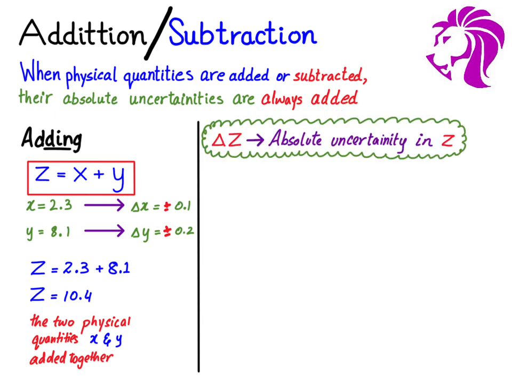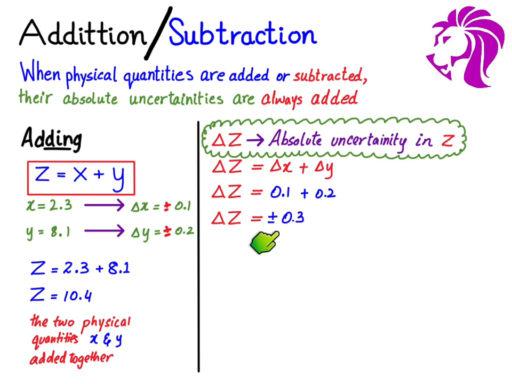So to find delta z, it would be the absolute uncertainties being added: uncertainty of x, that is delta x, and uncertainty of y, that's delta y. Uncertainty of x given to you is 0.1, uncertainty of y is 0.2. Both of them added together will make your final answer delta z as 0.3.